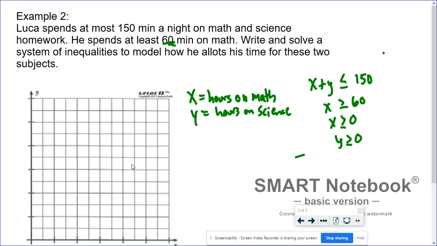All right, so now we're going to graph these. The first thing I'm going to do is subtract the x to the other side for this one, and you get y is less than or equal to negative x plus 150. I think the way that you're going to get this to fit, well, you've got to scale this, right? Because obviously you don't have 150 blocks to do the y-intercept at 150.